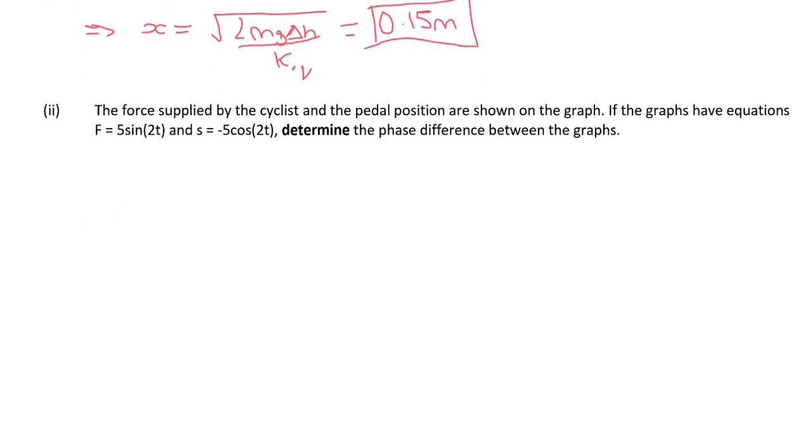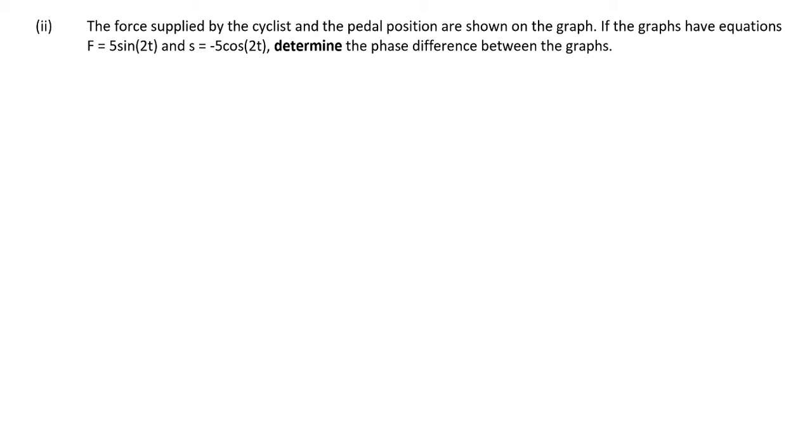Alright, so we've got a force graph, which is a sine function, and a displacement graph, which looks like a cosine function. So we want to determine the phase difference between the two graphs.